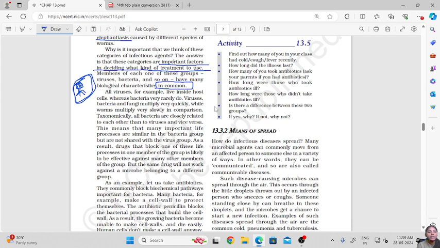Then viruses, bacteria and fungi multiply very quickly. This is one of the features that they have in common. They can reproduce very quickly, whereas the worms, all the worms which are present in the intestine, multiply very slowly.